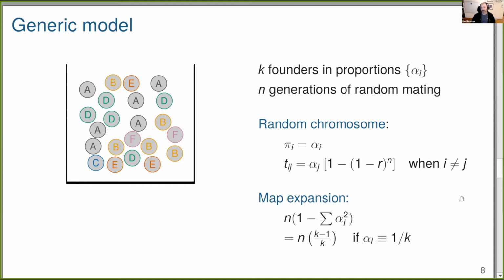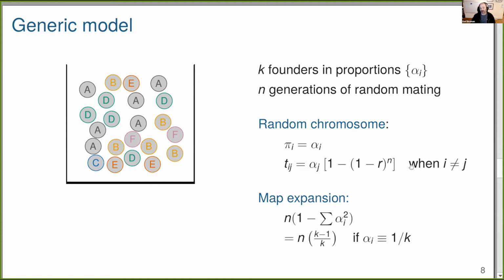Basically, you imagine that you have this founder population of K inbred strains in some known proportions, and you do n discrete generations of random mating with really large populations. In that case, we can calculate the initial probabilities and the transition probabilities on a fixed chromosome at generation n.